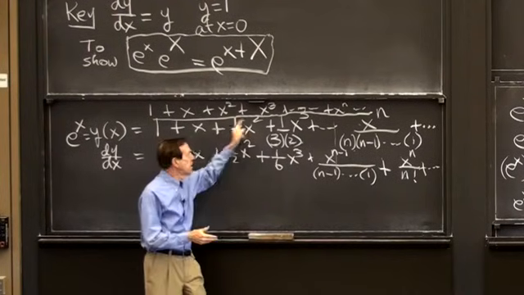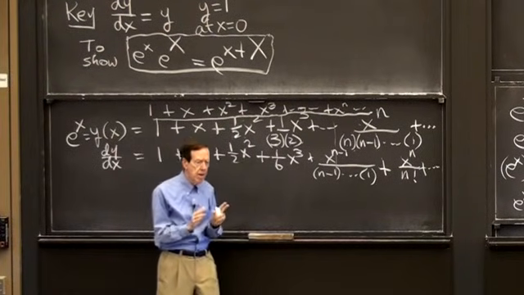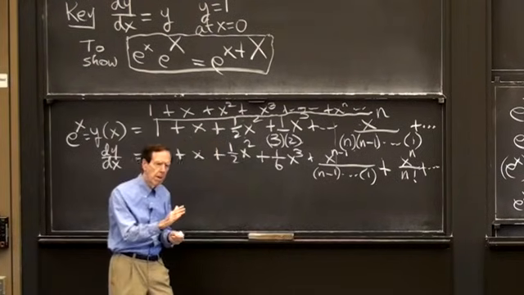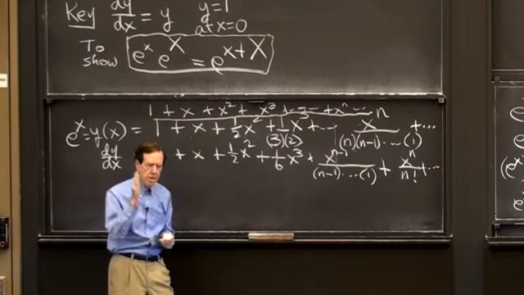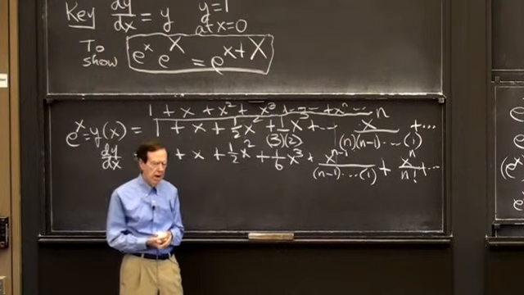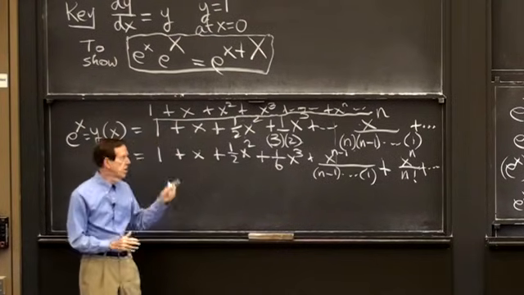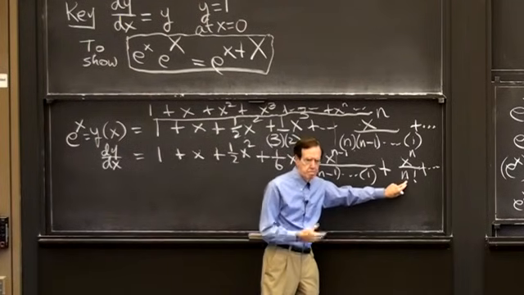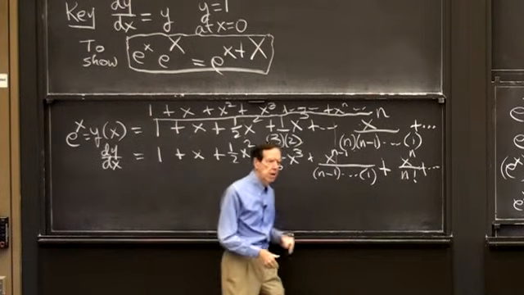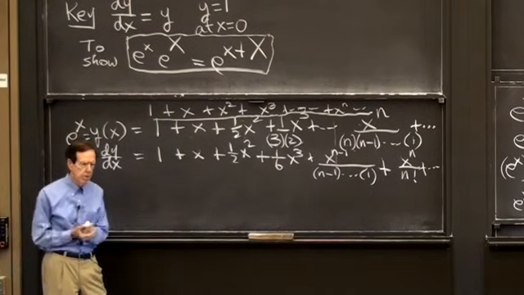So the geometric series does succeed, but only when x is below 1. X equal 1 is the cutoff, and it fails after that. There is no cutoff for the exponential series because of dividing by these bigger and bigger numbers. This works for all x. Okay, so those are the two series.